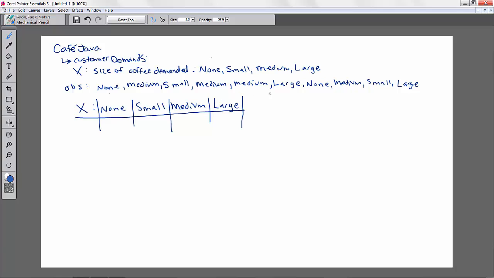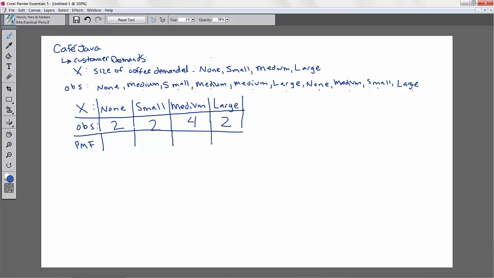It looks like we have 2 instances of none, 2 observations of small, 4 instances of medium, and 2 instances of large.